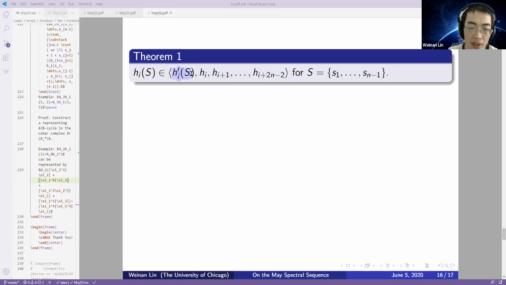And I didn't put the definition of this H_i prime here. Basically, to get H_i prime S, remember that H_{i,S} corresponds to a matrix. So you remove the first row of the matrix and you remove the last column of that matrix, then you get this element.